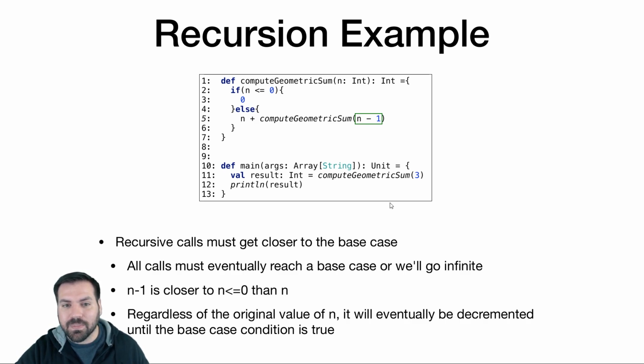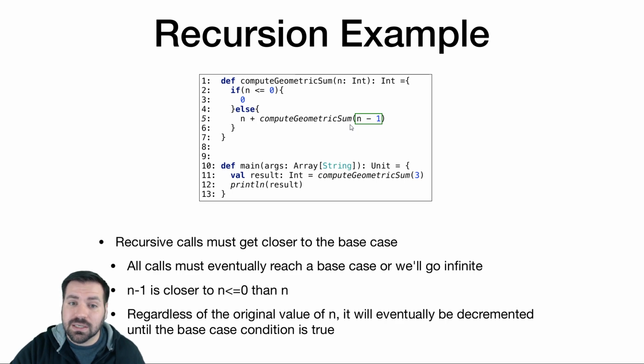This is critical. As long as my recursive call gets closer to the base case, I'm going to eventually reach the base case, and eventually my assumption is going to be correct. And if my assumption is correct that this returns the right output, and all my logic is correct, I'm going to assume that this returns the correct output.